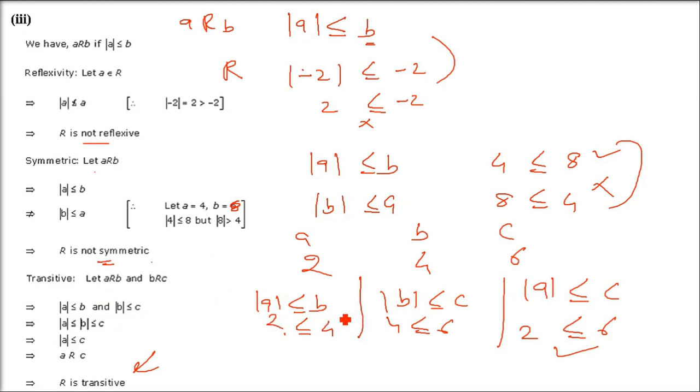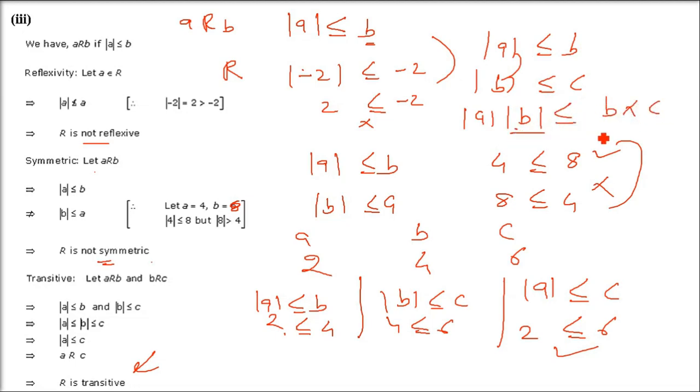Whenever you have any problem, just use numbers. Numerals you can take, because sometimes it is very difficult to explain using expressions. But expression is always advisable, though numbers can also be taken. In some of the books I've seen, they have given mod A is less than or equal to B, mod B is less than or equal to C. Multiply these two, mod A into mod B is less than or equal to B into C, and B's cancel.